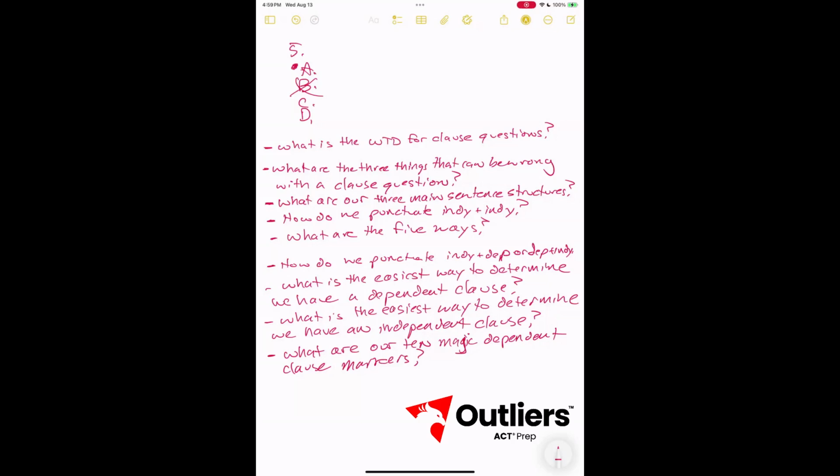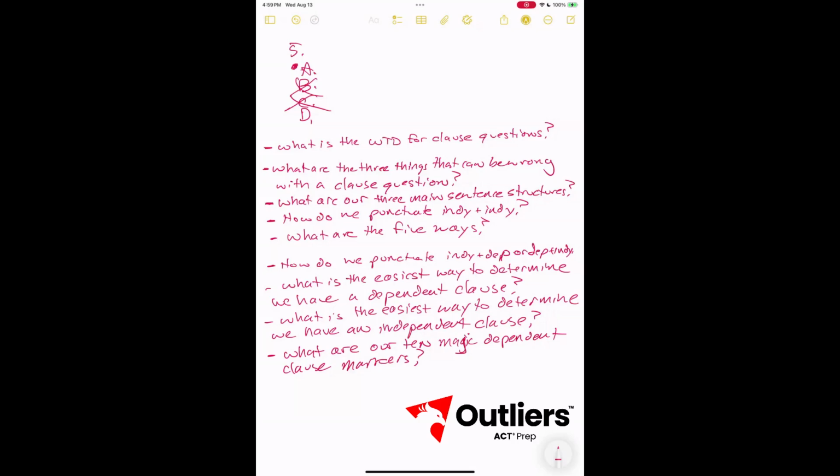Answer C, we can both eliminate because there's no independent clause in the sentence, and we can eliminate because the clauses are separated improperly. So a period needs to have an independent clause before it and an independent clause after it, and there's not an independent clause on either side of that period, so we can eliminate it. Answer D, there's not punctuation in the middle of a clause.